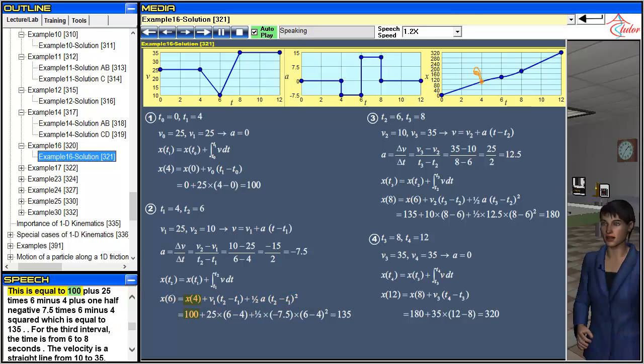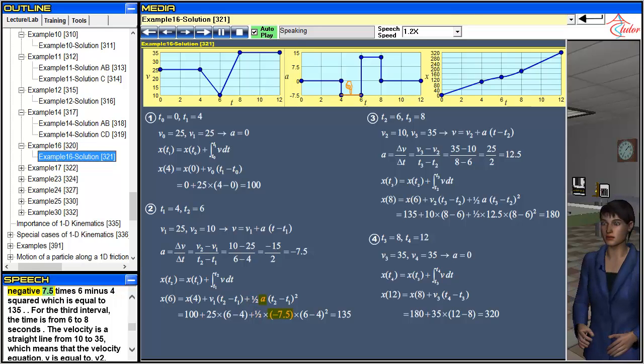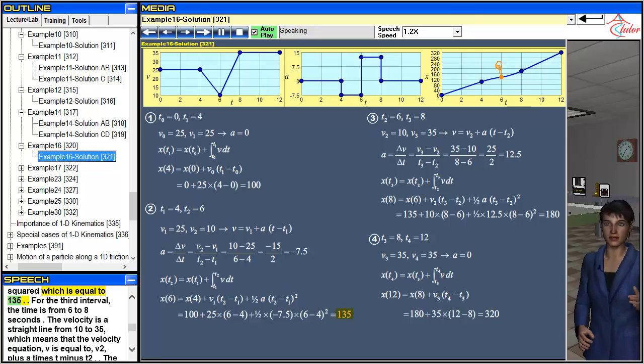This is equal to 100 plus 25 times (6 minus 4) plus 1/2 times negative 7.5 times (6 minus 4) squared, which is equal to 135.